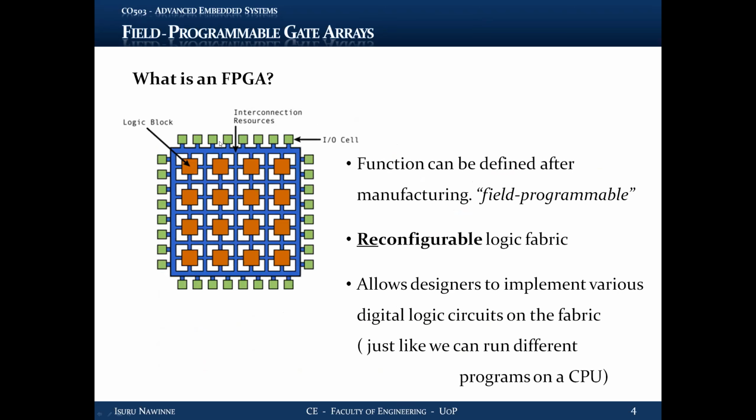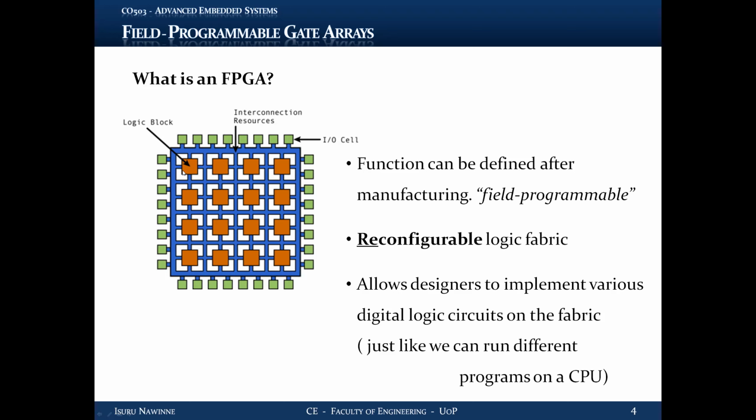Now, if you take an FPGA and look inside at what's there, you will see what you have inside is something like this. You won't actually see it, but this is what you will have. This is called a reconfigurable logic fabric. So you have these logic elements or logic blocks.